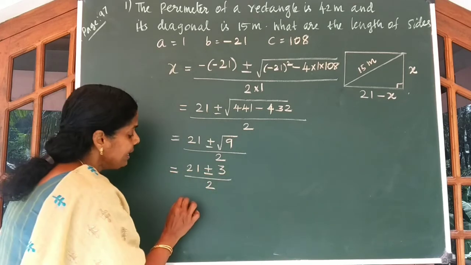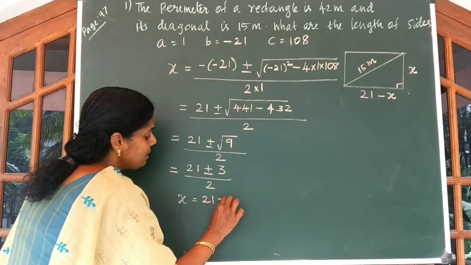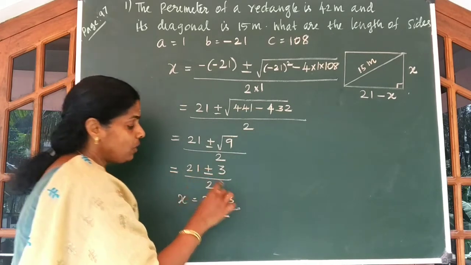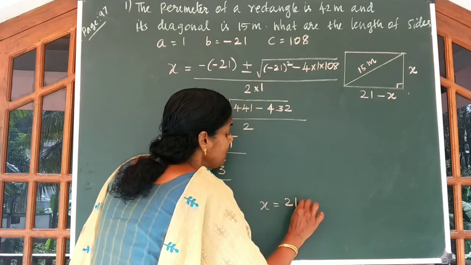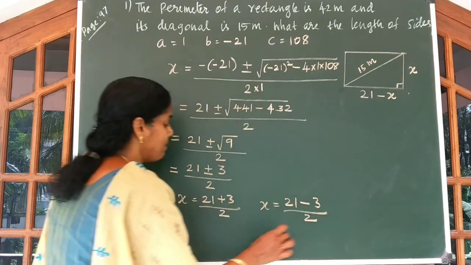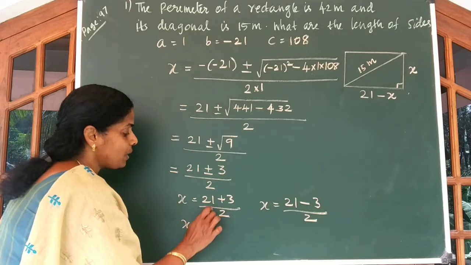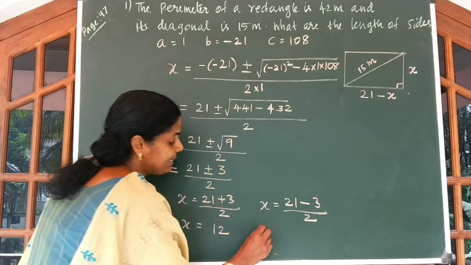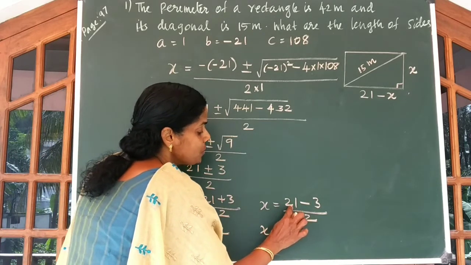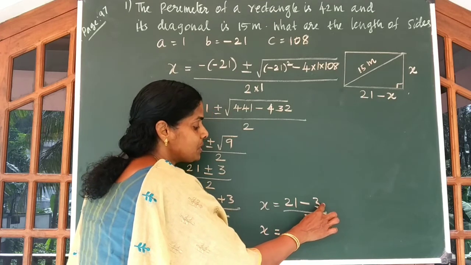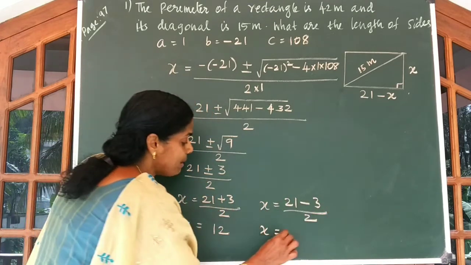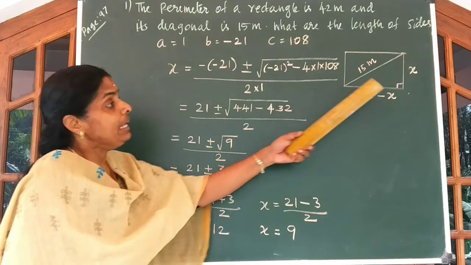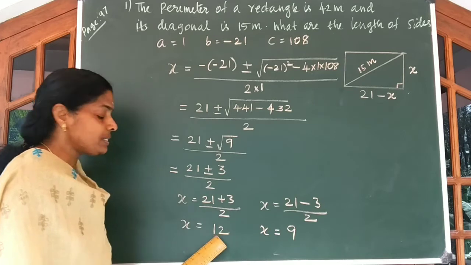So we got x is equal to 21 plus 3 by 2 by taking the plus sign, and also we get x is equal to 21 minus 3 by 2. That is x is equal to 24 by 2, which gives you 12, or otherwise x is equal to 21 minus 3, which gives you 18. 18 by 2 is equal to 9. So we got the value of breadth as breadth is equal to 12.